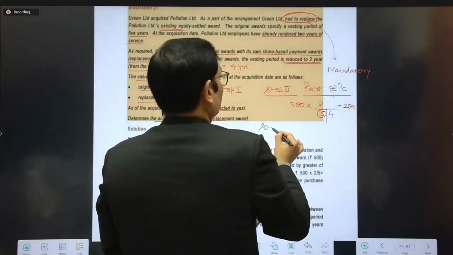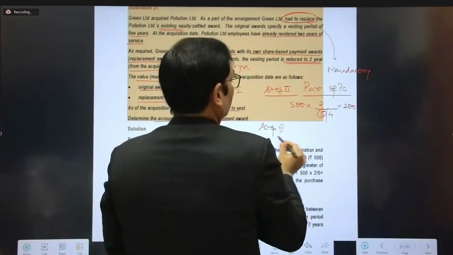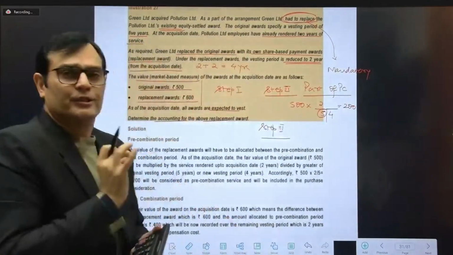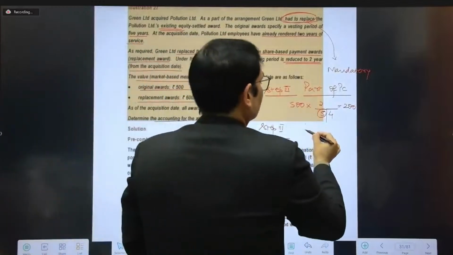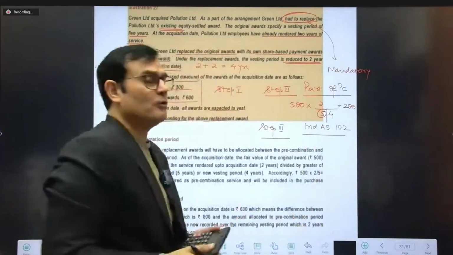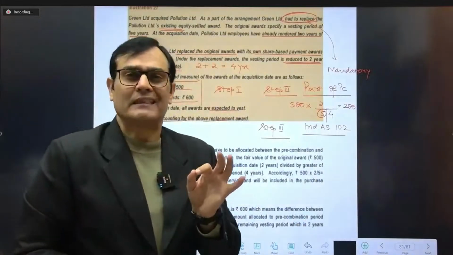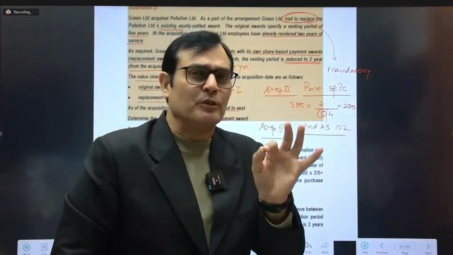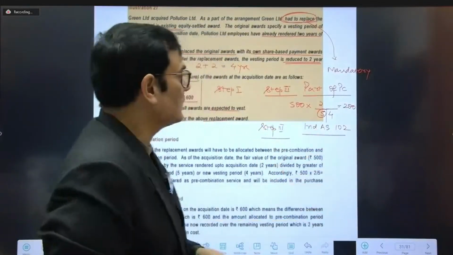Then we go to step number 3, and in terms of step number 3, you would consider the portion which is going to be accounted under Ind AS 102. The post-business combination is going to be accounted under Ind AS 102. Now, you need to consider the fair value of the replace award.